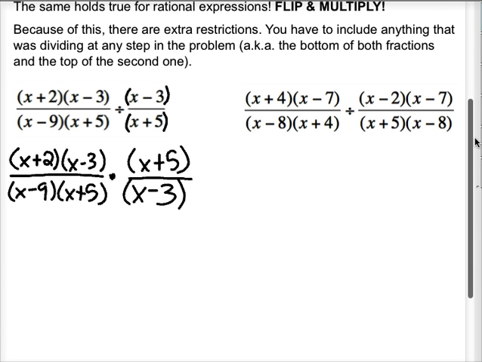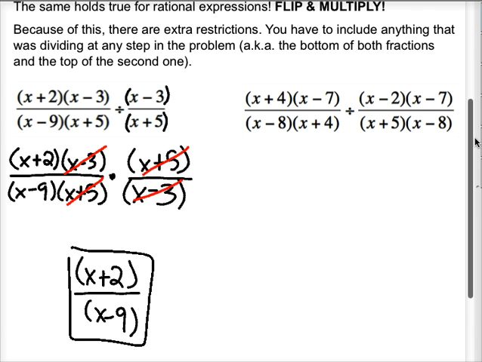All right, so in doing that flipping process, now the x minus 3's cancel, the x minus 5's cancel, and so we are actually left with x plus 2 on top and x minus 9 on the bottom. So, and again, just to keep it nice and easy for this first lesson of practice, everything's in factored form already.